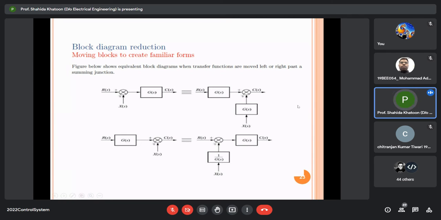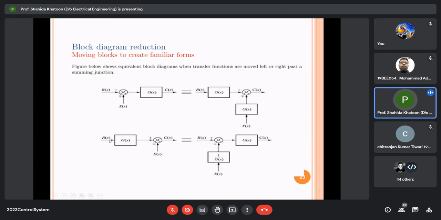So please note down this. What we are doing here is basically taking the addition of R(s) plus X(s) and multiplying it with G(s). The output at this point will be G(s) into R(s) plus X(s). So basically G(s) is multiplied here with R(s) and G(s) is multiplied here with X(s), and both are fed to the summing point and the output is generated.